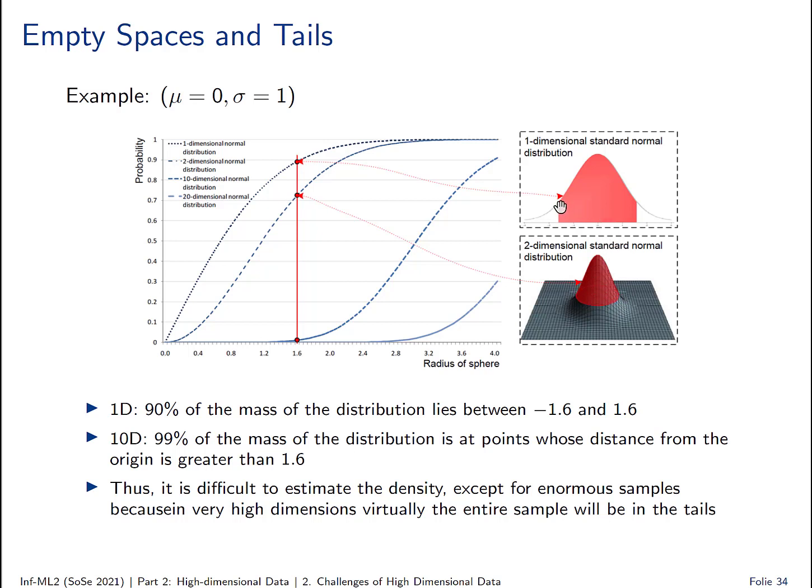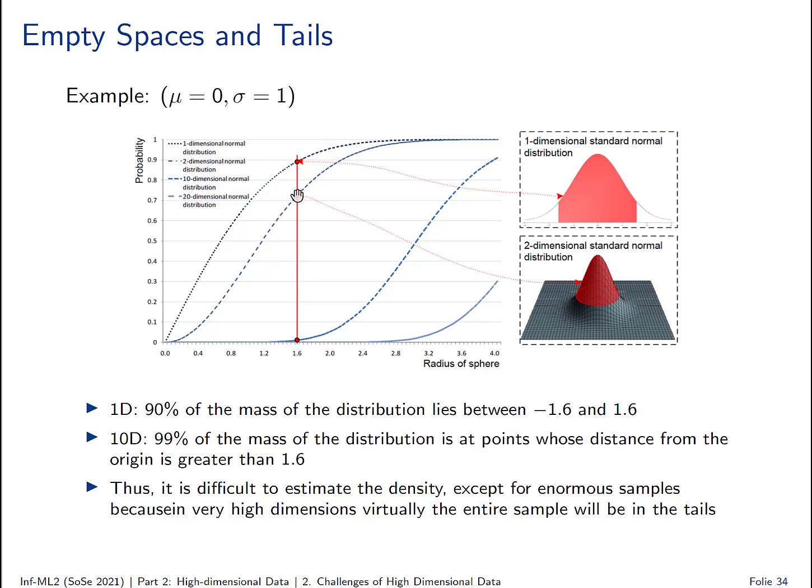In 1 dimension, the entire probability within this sphere would be the integral from here to here of the probability density function. So basically the area highlighted here in red, which is a pretty high portion of the entire probability density, which is in the end 100%, of course.